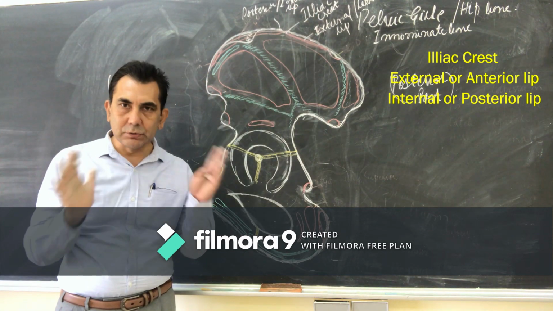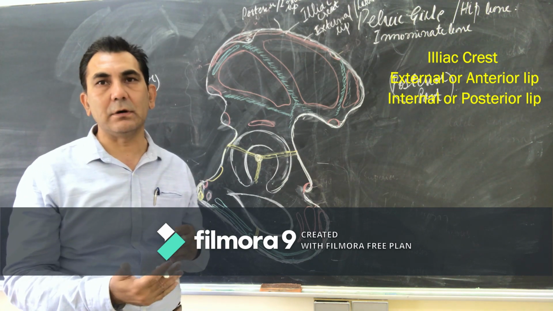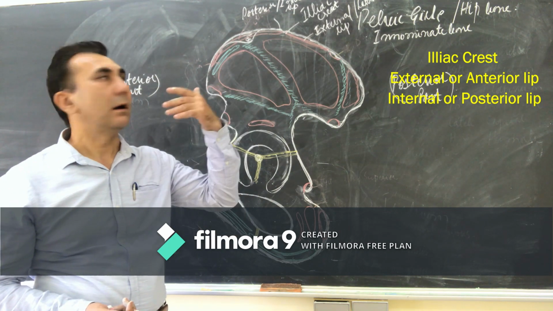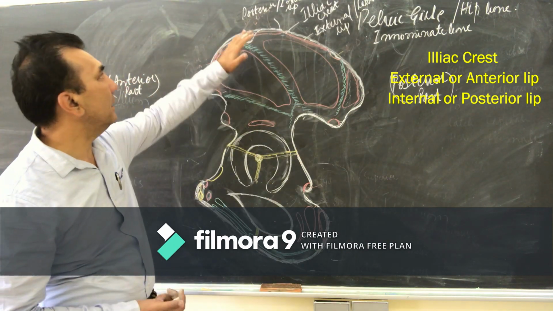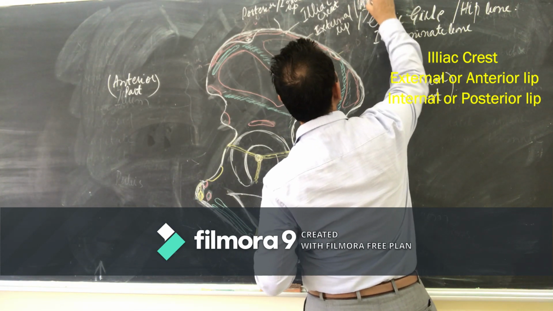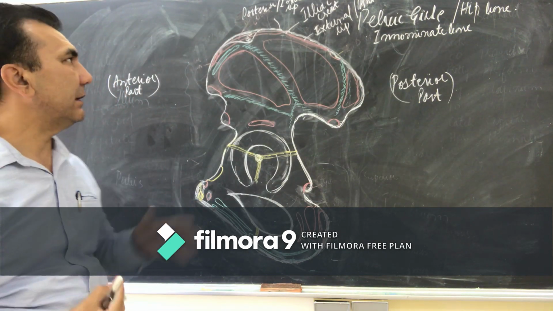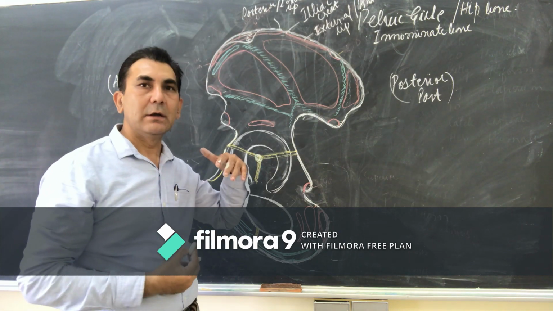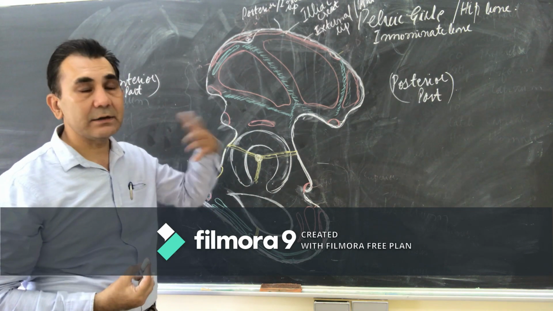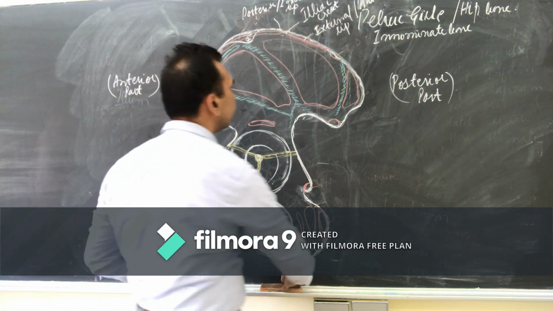So the iliac crest has two lips: one is on the external, lateral side, called the external or lateral lip, and the other, on the posterior side, is called the posterior or internal lip of the iliac crest.